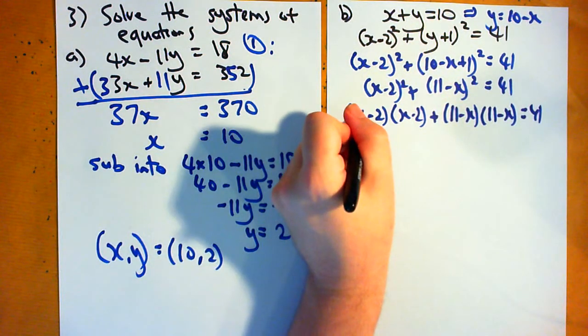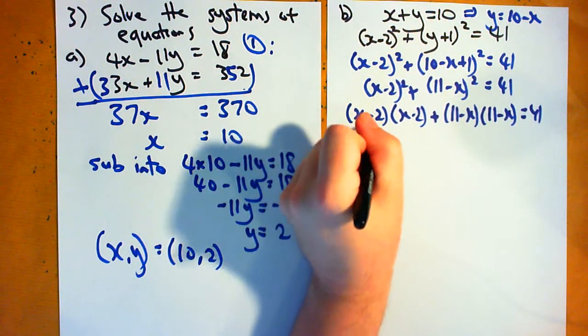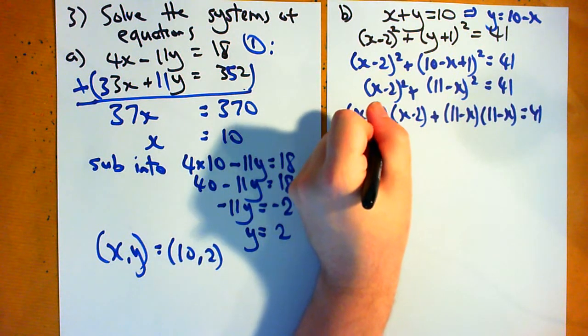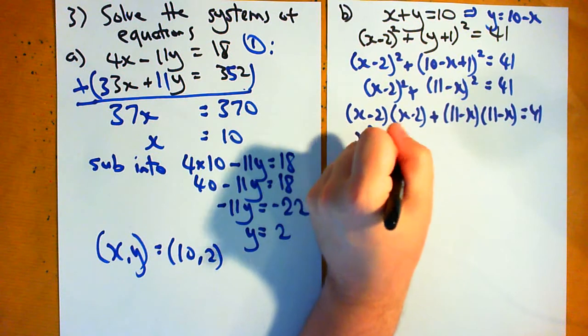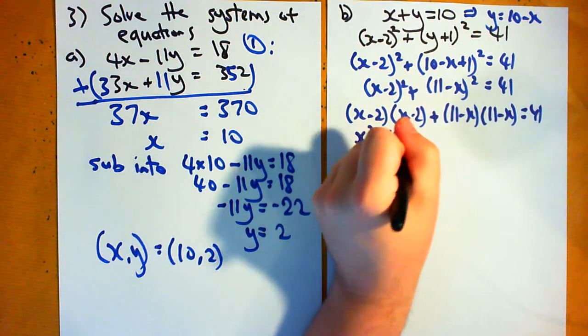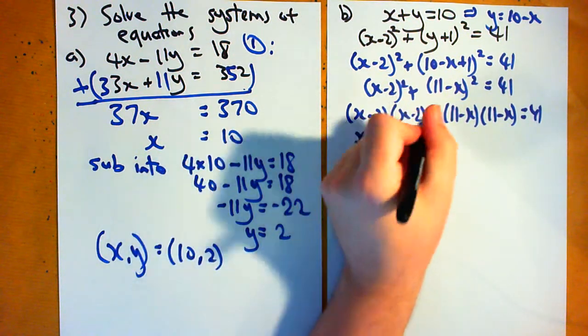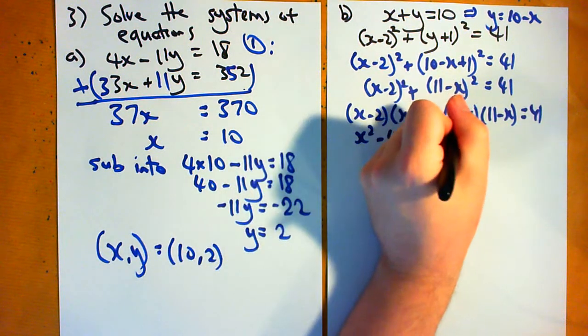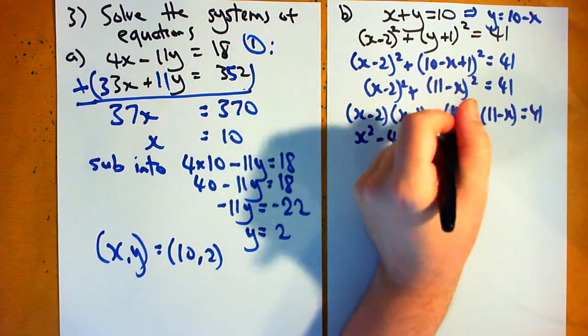Multiplying that out, we get x times x is x squared, minus x times 2 is minus 2x, and then we've got another minus 2x from the middle, so we get minus 4x. Minus 2 times minus 2 gives you a plus 4, plus 11 times 11.